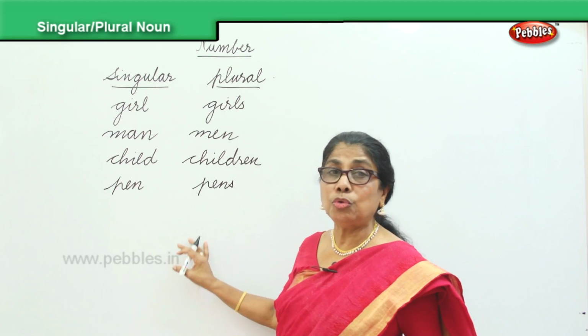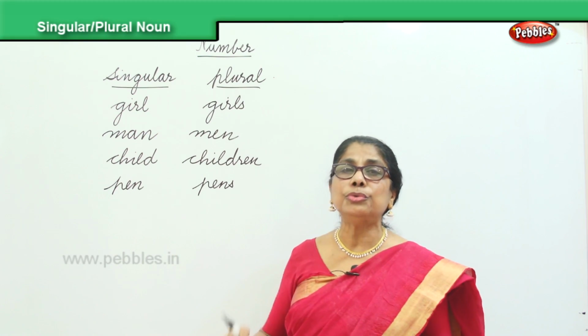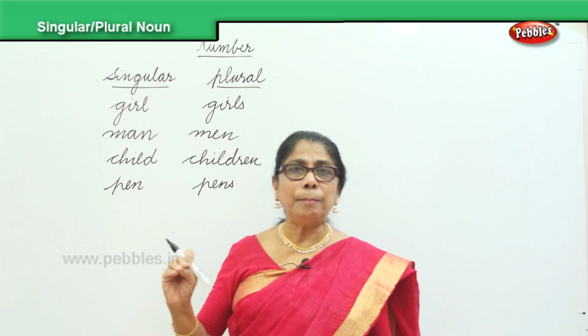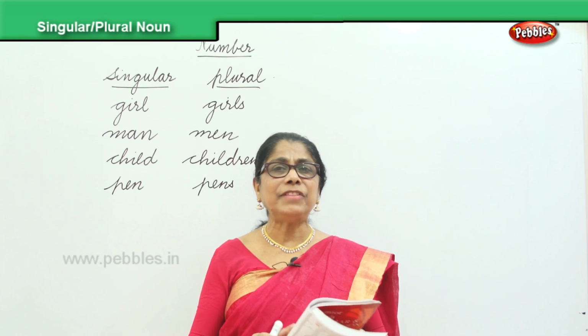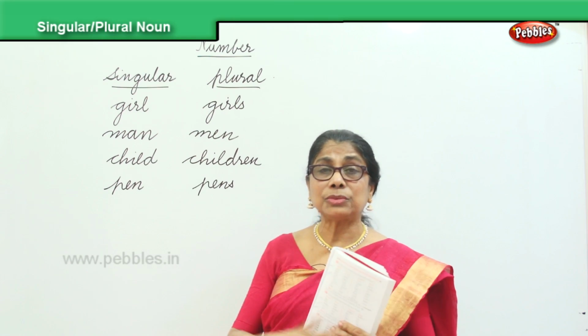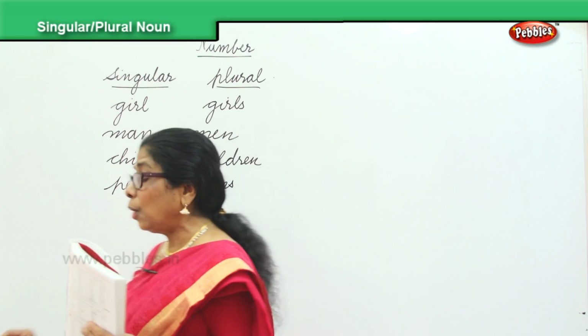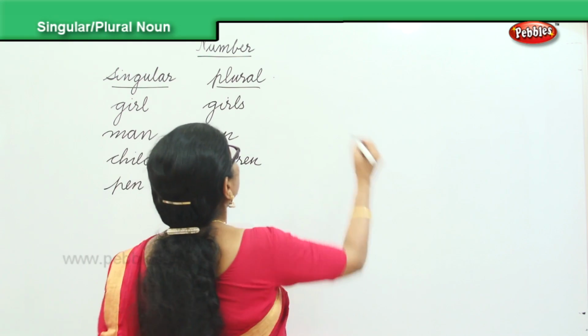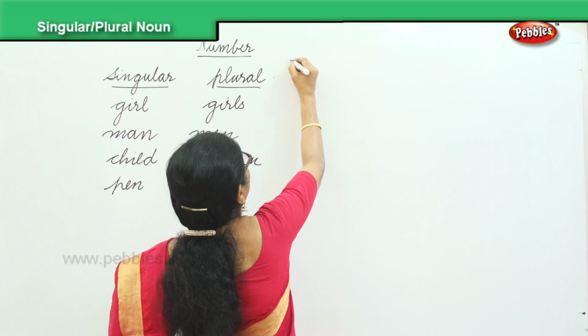This is what I told you in general, but now we are going to look at rule by rule. There are several rules to follow in nouns when forming the plural. So this is only the basic. Now we are going to do rule number 1.